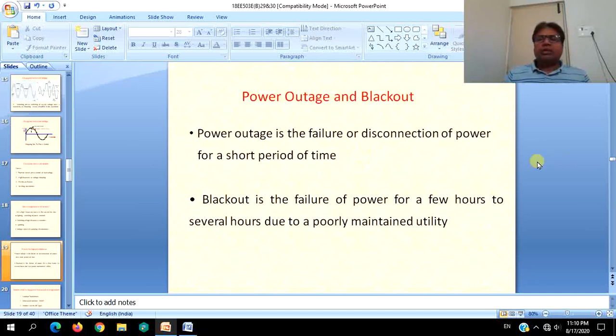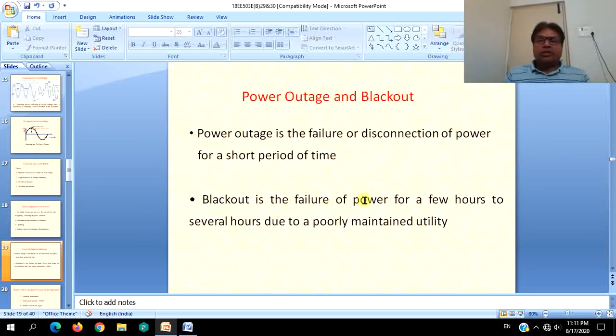During those events, the power supply is shut down by control engineers or electrical engineers themselves for maintenance or service purposes. When we disconnect it due to problems, it is a failure. For maintenance, repair and service, it is disconnection of power. But it is for a short period, a few minutes to tens of minutes.